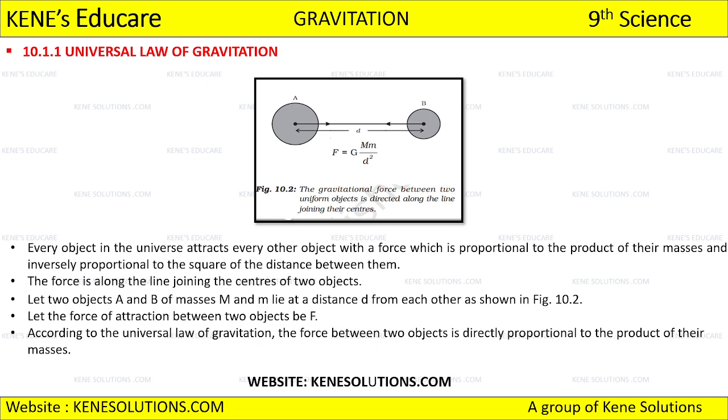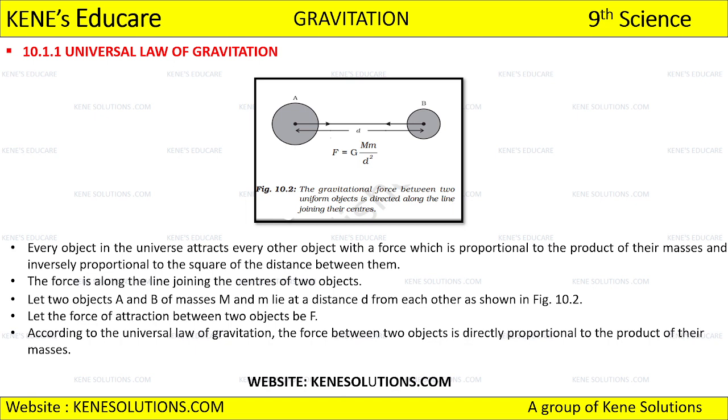F is directly proportional to the product of their masses, that is capital M and small m. If you can see the formula written in the center, F, that is force, is equal to G, where capital G is the gravitational constant.